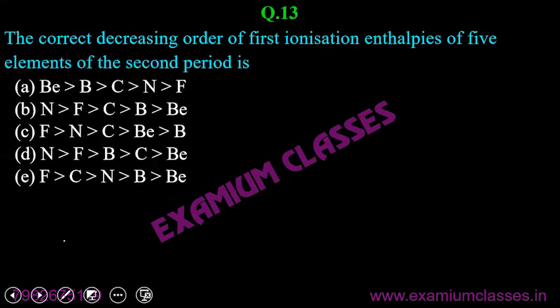Next one. The correct decreasing order of first ionization enthalpies of five elements. Decreasing order, remember. Just draw these in your copy where these are placed in the periodic table with their relative positions, and then see whether you can get the answer or not.